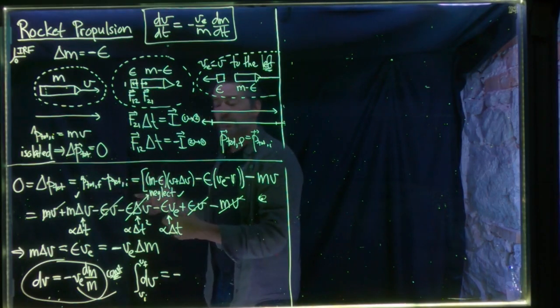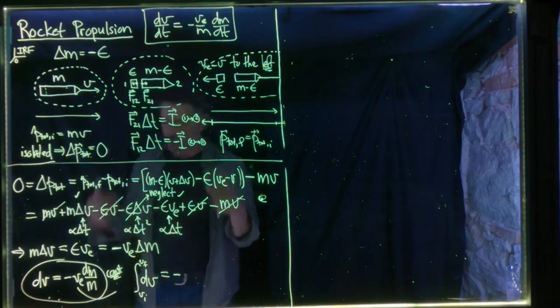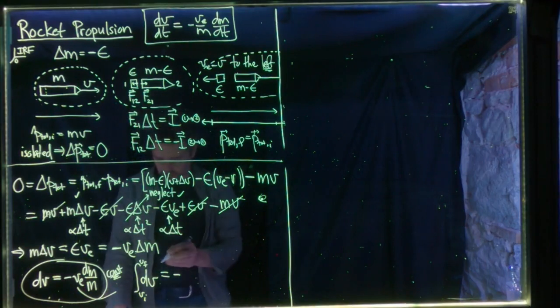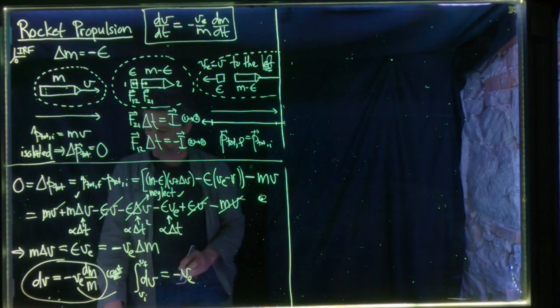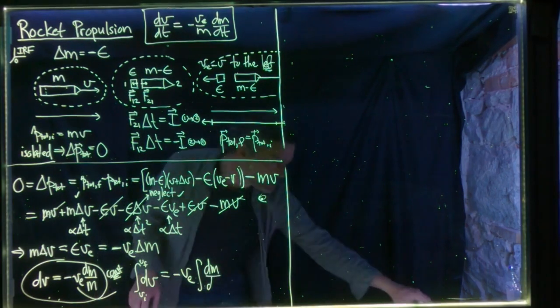And that's not going to change because it's the same chemistry involved, like hydrogen and oxygen burning, so they're going to be coming out at a roughly constant velocity. So we can pull it outside of the integral, which is VE, times the integral of dm divided by m.